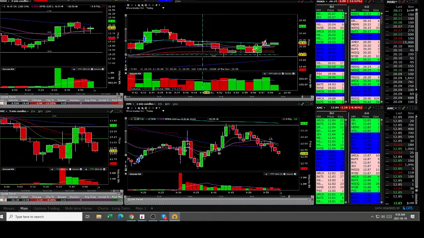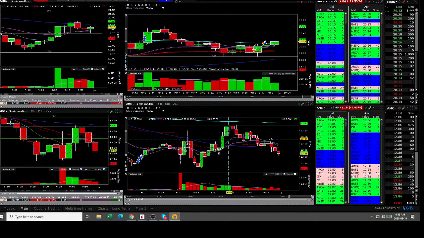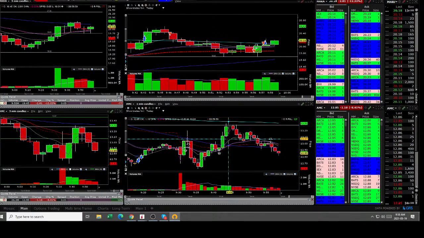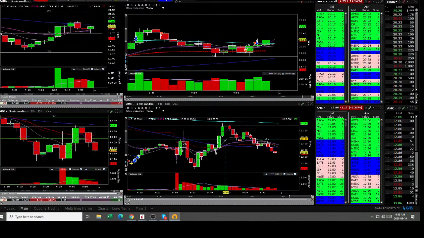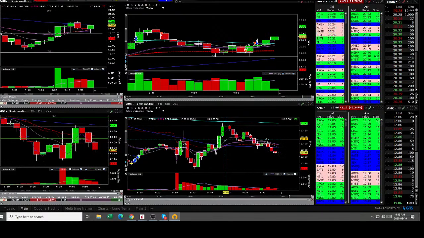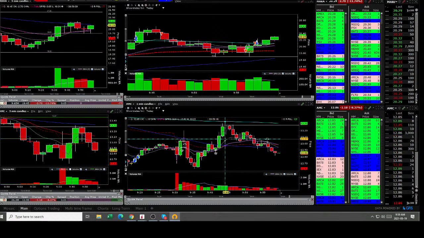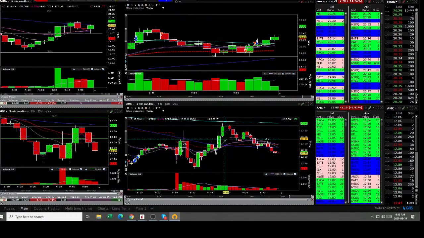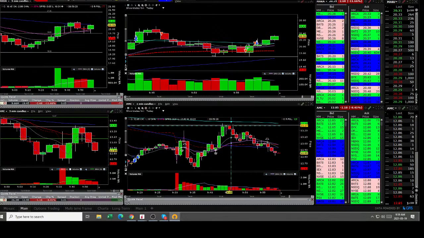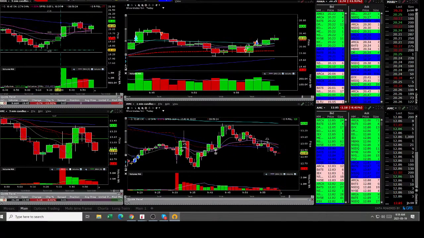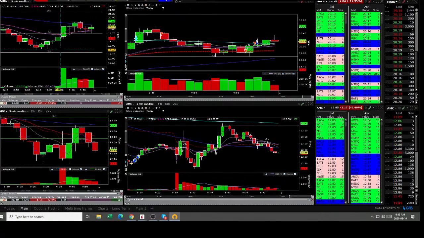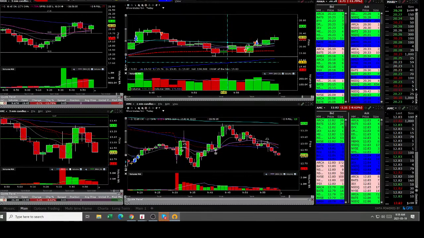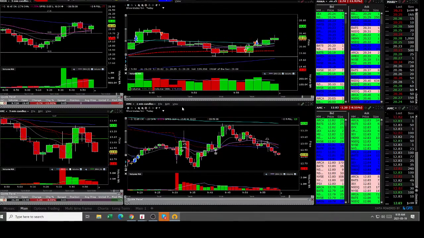So far, not any nice good trade yet. Two chopped out. Market right now is still searching for a direction. Look at this. No direction.